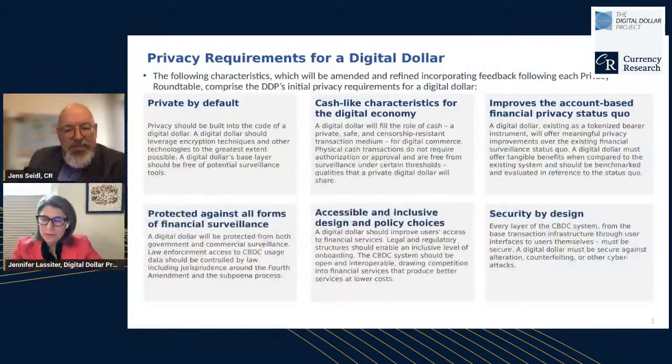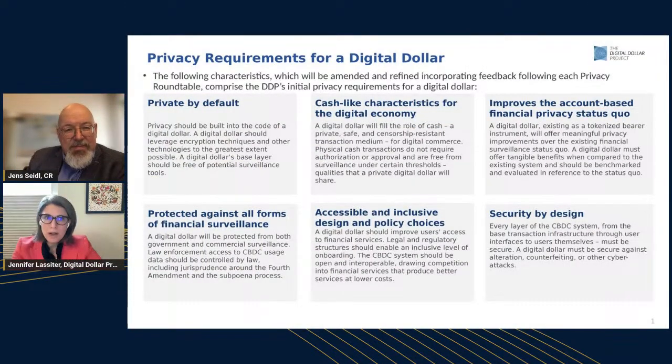In the Digital Dollar Project's privacy principle paper that was published 2 years ago, we set out a few principles for a US central bank digital currency. We said it needed to be private, meaning that people should be able to use central bank digital currency without making themselves subject to undue corporate tracking or government surveillance. It should be secure, meaning it should not improve or degrade people's security, right, against theft, illegal seizure, hacking, fraud.